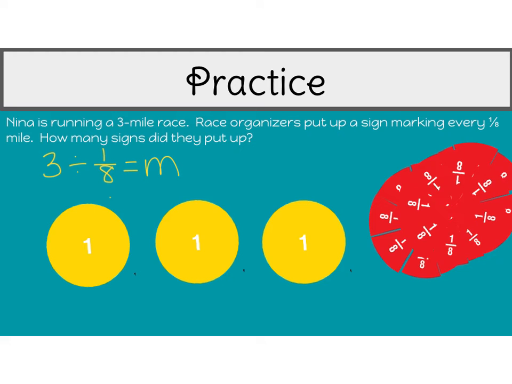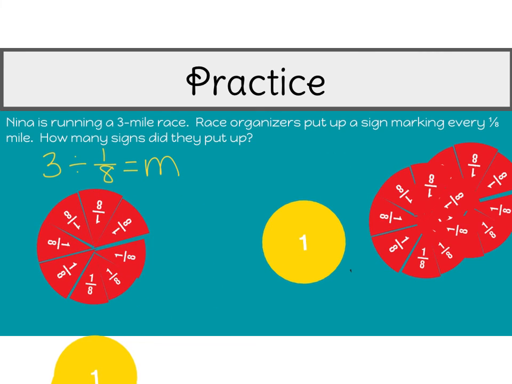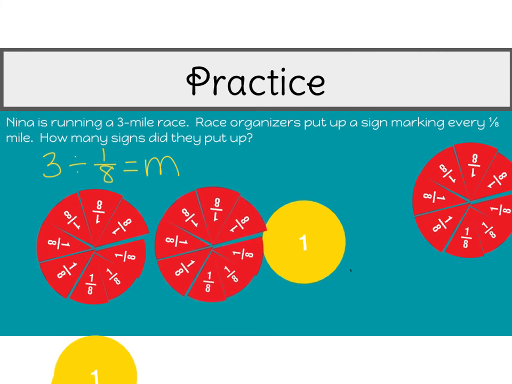Okay, so I have a hole for each of the miles. So we've got 1 mile, 2 miles, 3 miles. What we're going to do is we're going to trade those in for eighths. So I will get rid of 1 mile and trade it for eighths. Get rid of another mile, trade it for eighths.